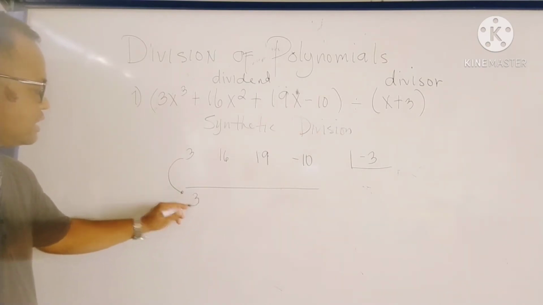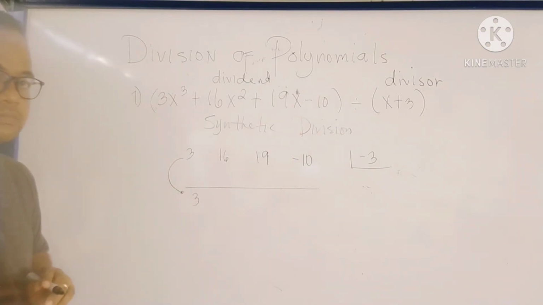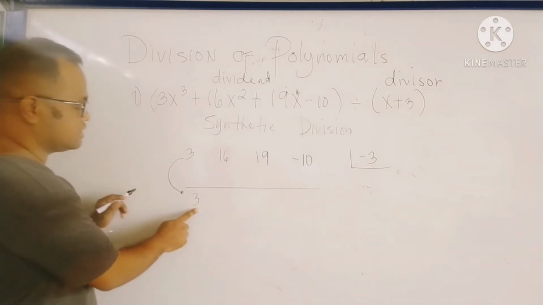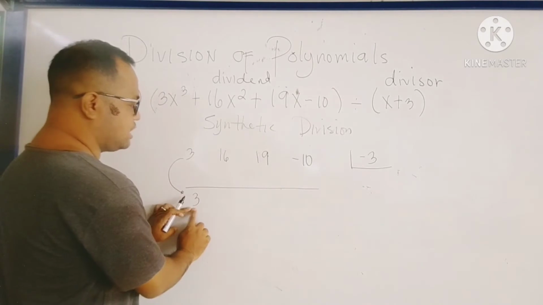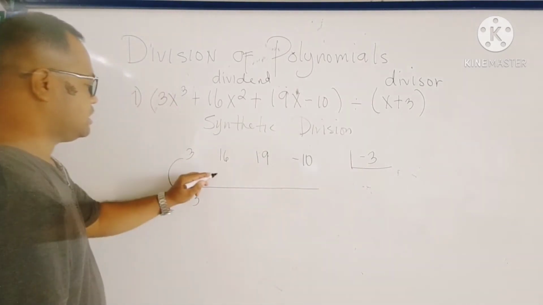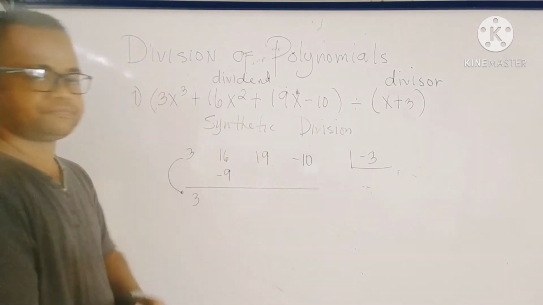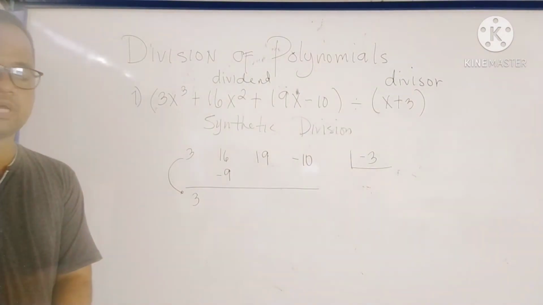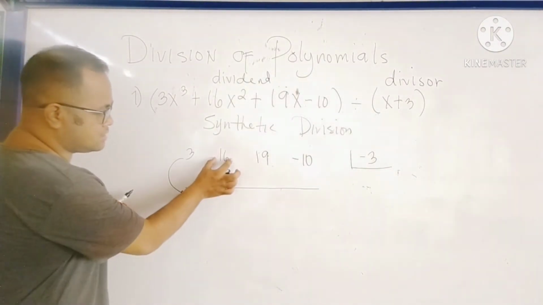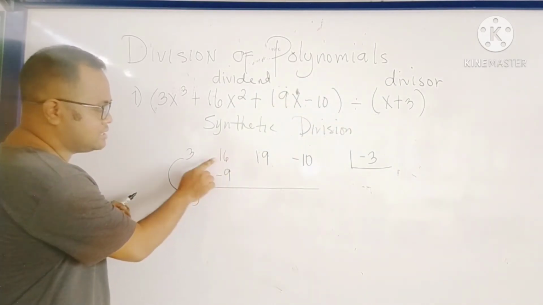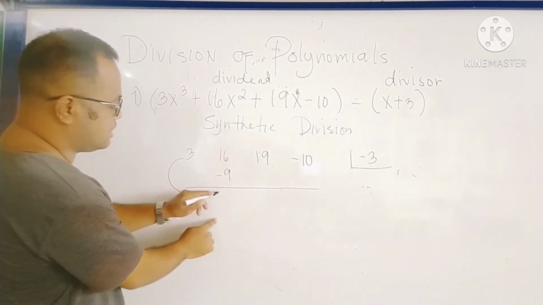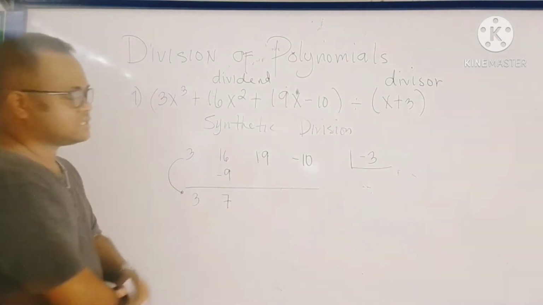You bring down 3 here. Okay? Then, you multiply 3 to negative 3. 3 times negative 3 is negative 9. Okay? Then, since their signs are unlike, you subtract. 16 minus 9 is positive 7.